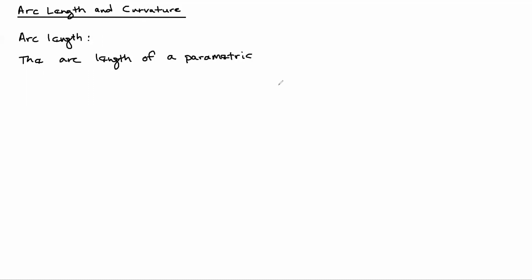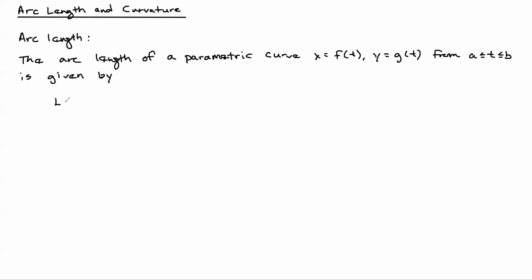So the arc length of a parametric curve, x equals f of t, y equals g of t, where t varies from a to b, is given by L equals the integral from a to b of the square root of f prime of t squared plus g prime of t squared.